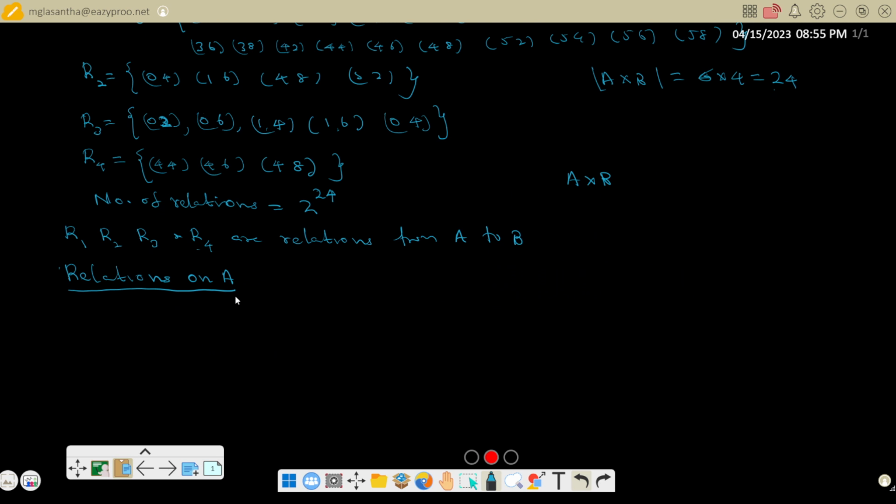R1, R2, R3, R4 are relations from A to B, not relations on A. The above relations are relations between two sets, capital A and capital B. What do you mean by relations on A?